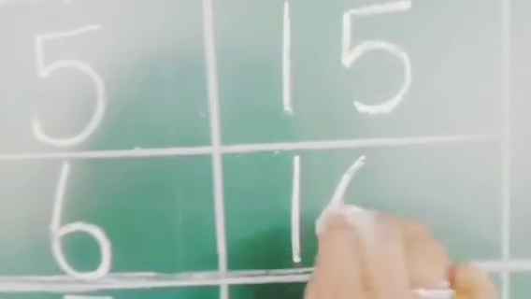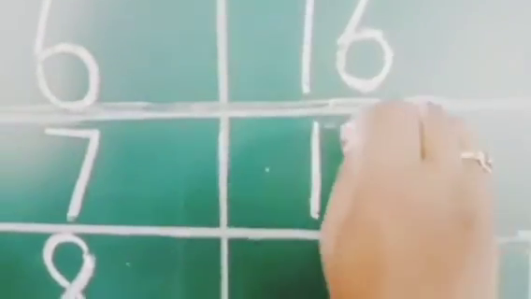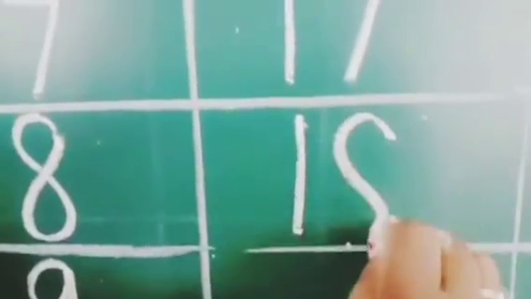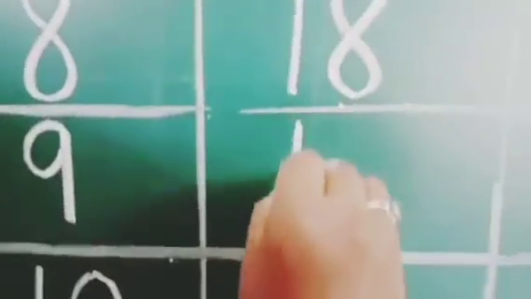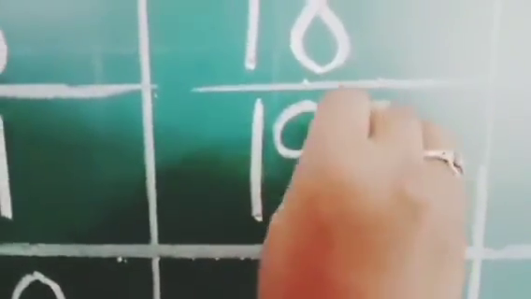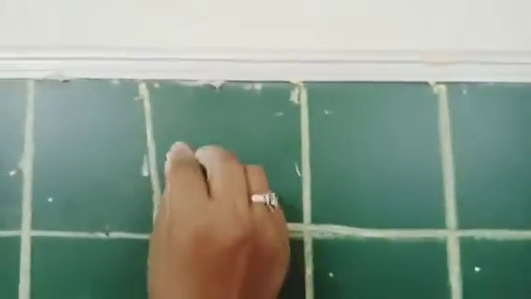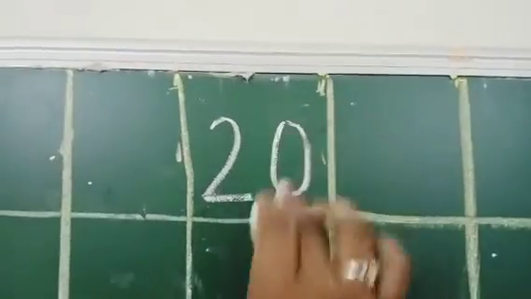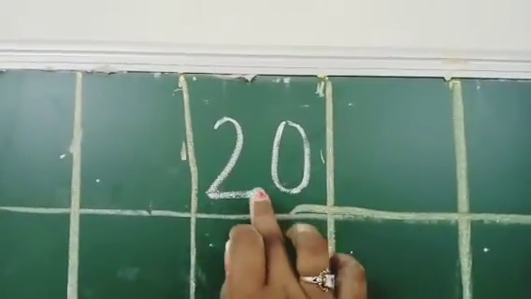Say and write, say loudly. 17, 18, 19. 2 near 0, 20. What is the number?